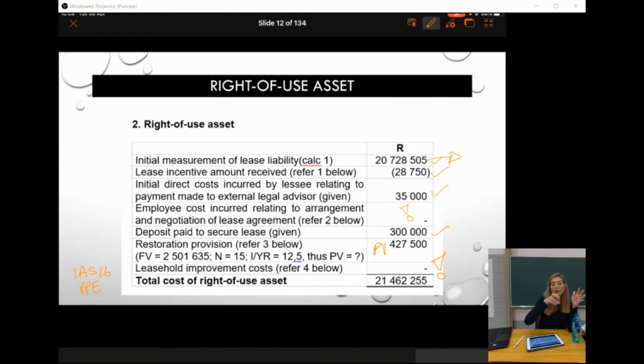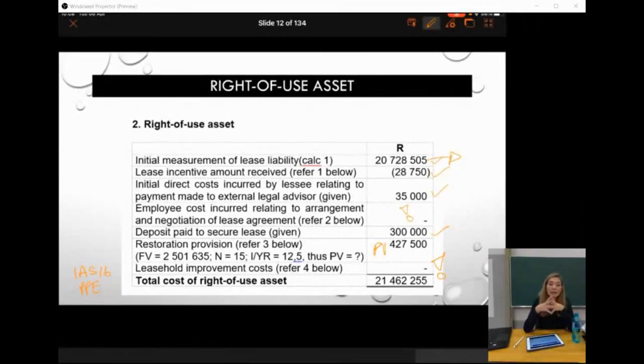Do we want all our employees to have separate offices? Do we want big open plan offices and just have the senior management in separate offices? Do we want boardrooms? What do we want? So what we do inside that building to set it up the way we want it, so that we can use it, the drywalling and everything that we do inside that building, that's a leasehold improvement.